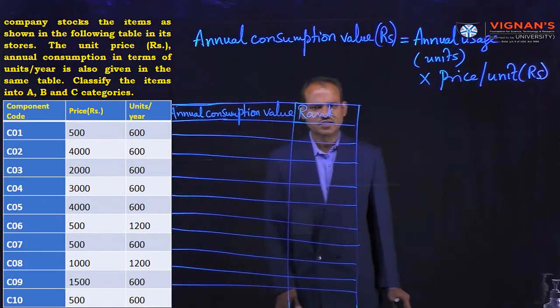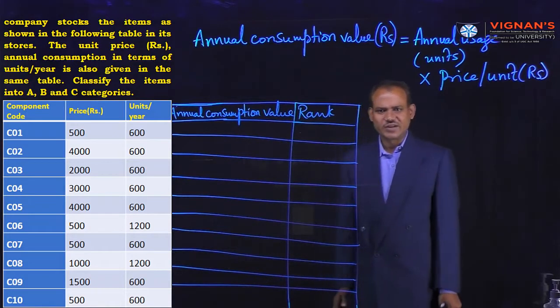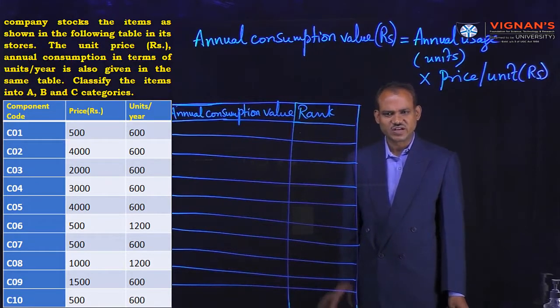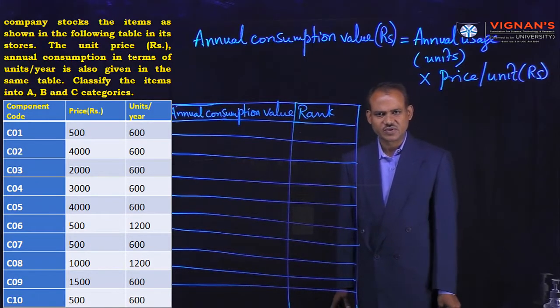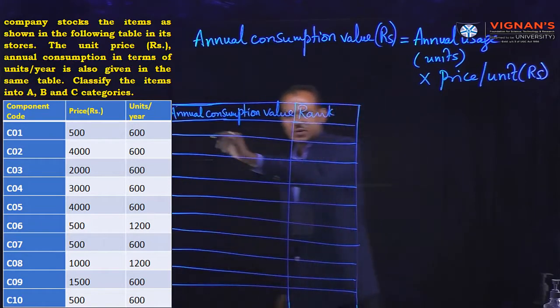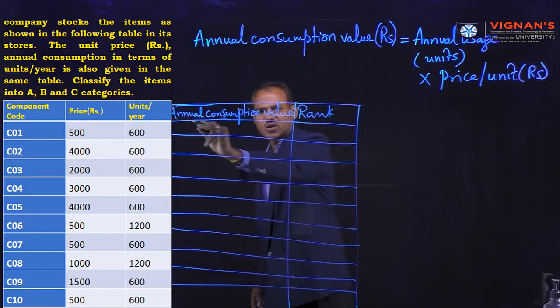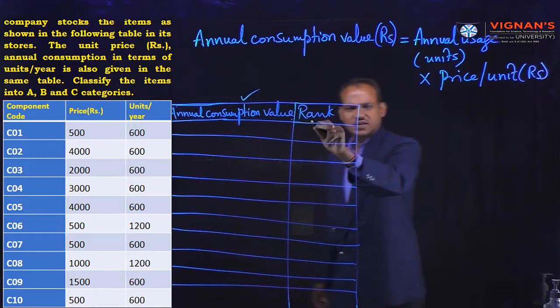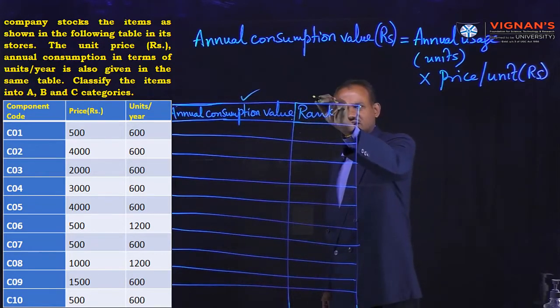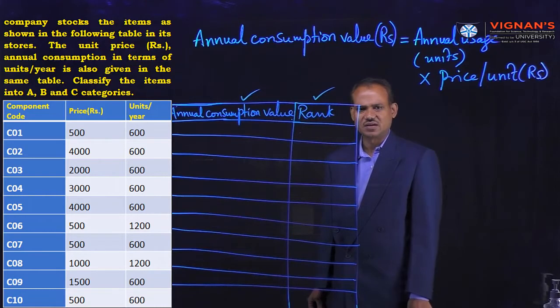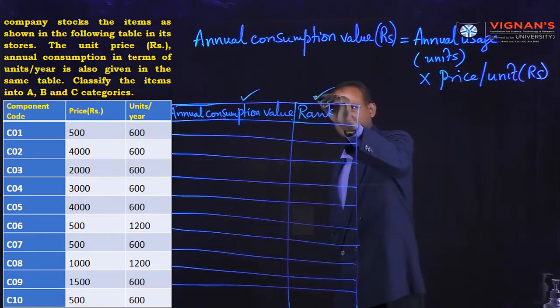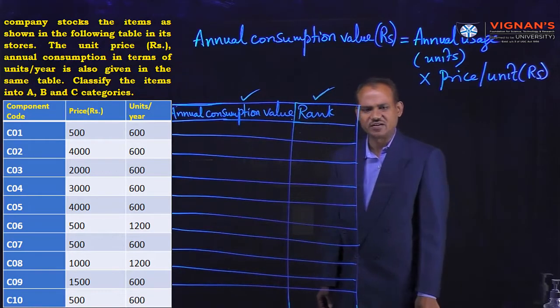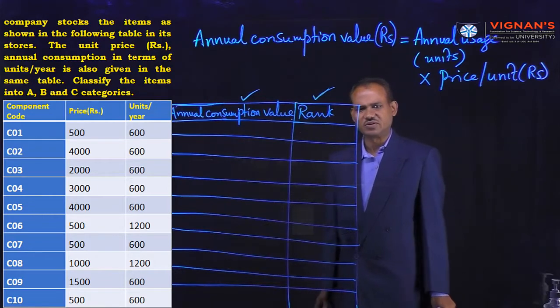First of all, calculate annual consumption value for each of the items. Prepare one more column, that is annual consumption value, and the last one is the rank. One more column for rank. I will explain one by one.